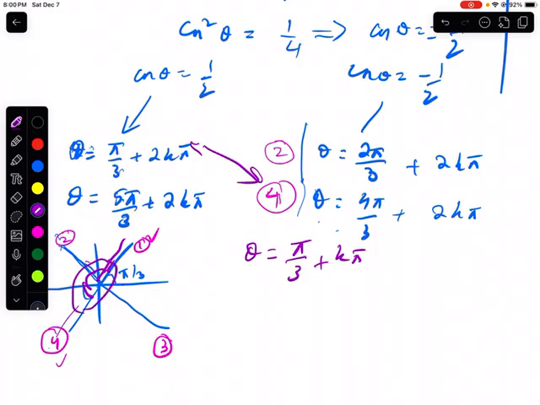And in the same way we can combine the second and the third, and we get theta is equal to 2 pi over 3 plus k pi. So this will be your general solution.